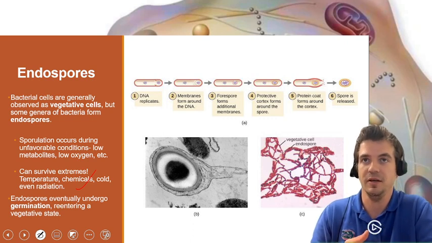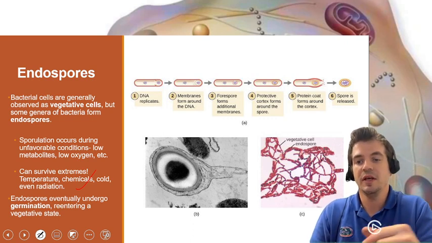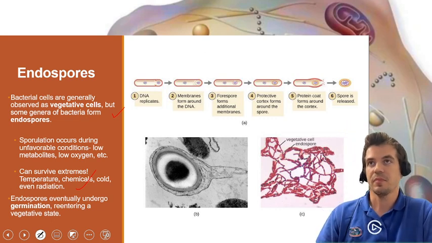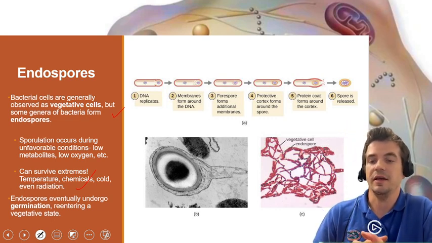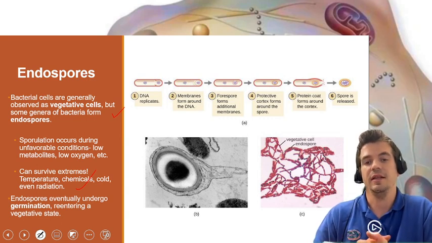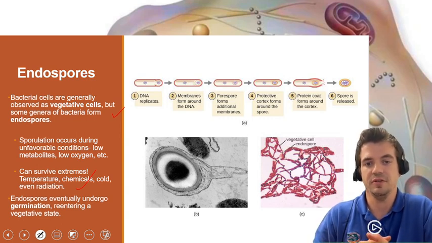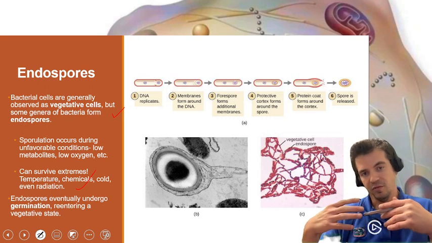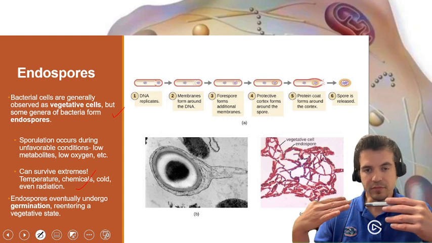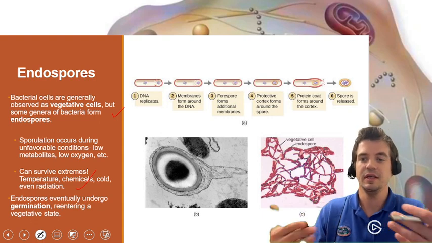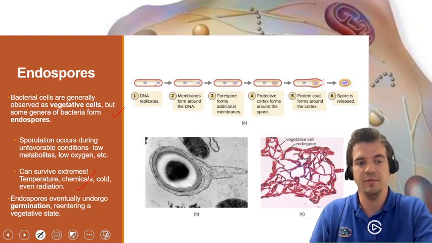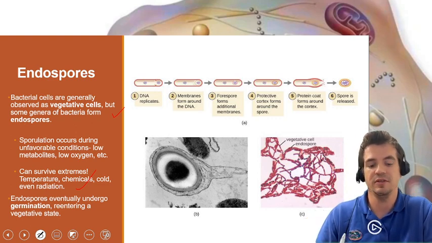You can't just let them stay there. So remember, they are survival structures. They are not vegetative cells. The vegetative cells will sense a lack of nutrition or resources, and after some time they will begin to sporulate and make a spore. And we will actually see these in the lab.